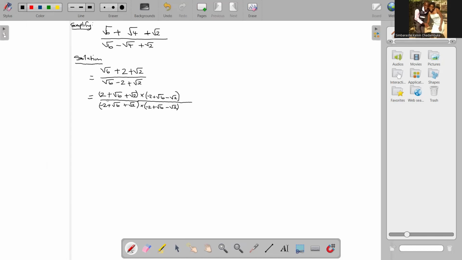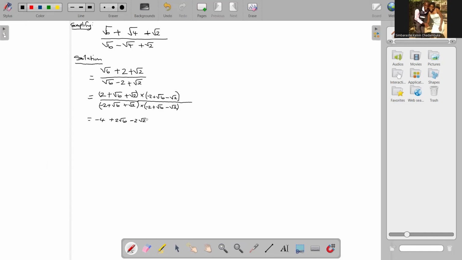It's a trinomial which is multiplying a trinomial. 2 times negative 2, on our numerator, we get negative 4. Then the 2 is going to multiply a positive root 6, we are going to have a positive 2 root 6. The 2 multiplies that, we are going to have a negative 2 root 2.